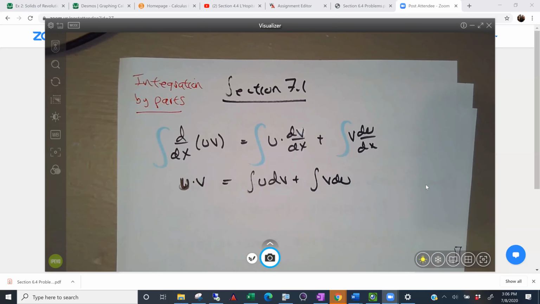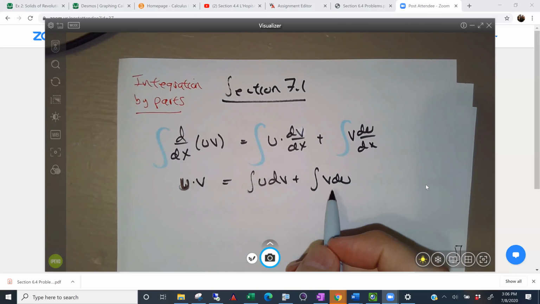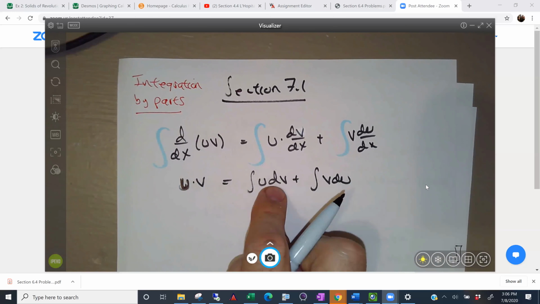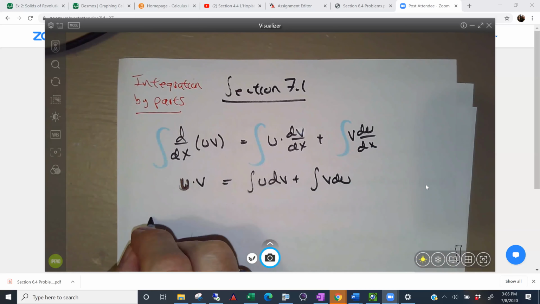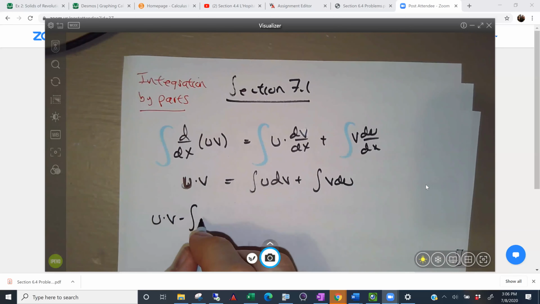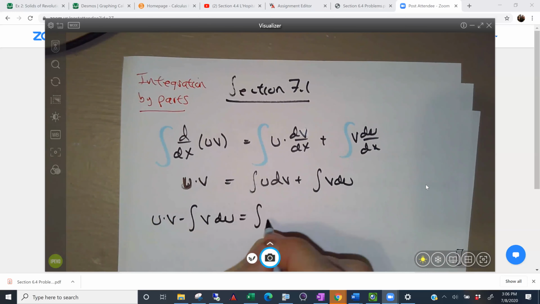So I'm making kind of a little bit of shortcuts and such, but let me rearrange this one last time by moving this to the other side and get u times v minus the integral of v du equals the integral of u times dv.